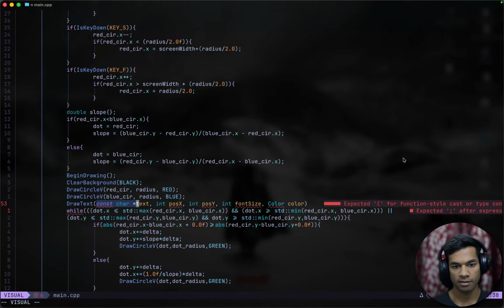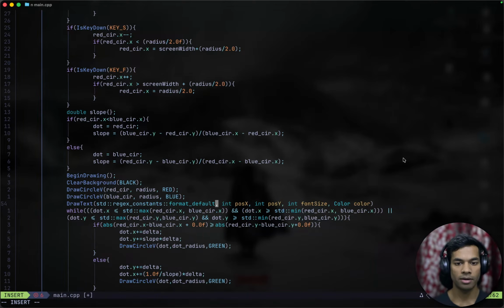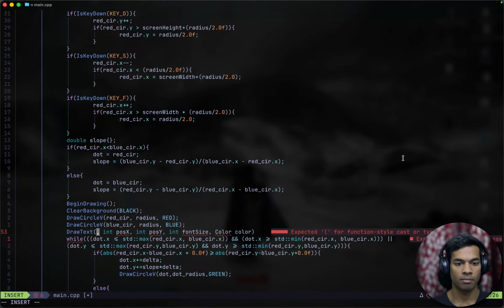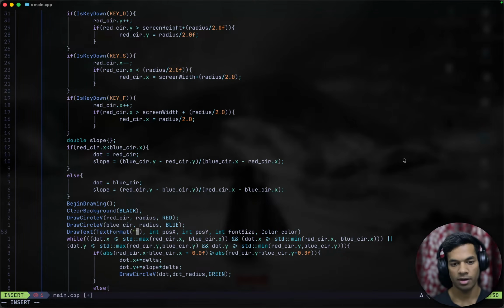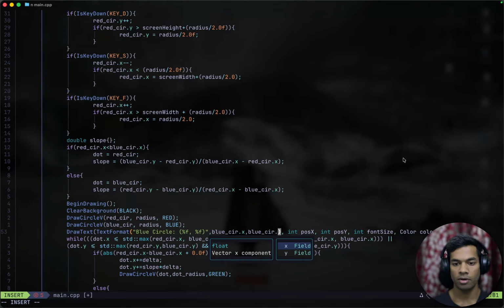It takes the text, literally, and the text would be text format: blue circle x and y, percent d, not d, we'll call it f, and then we don't need a new line, and blue circle dot x, comma blue circle dot y.